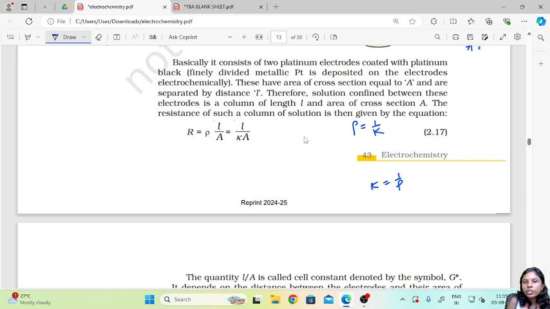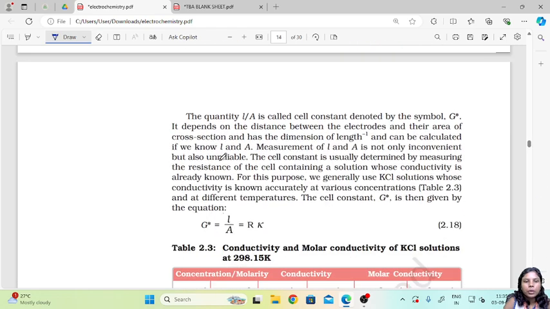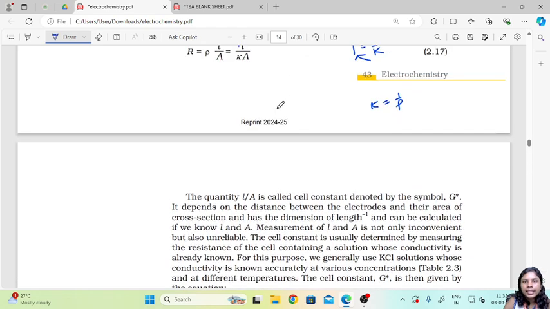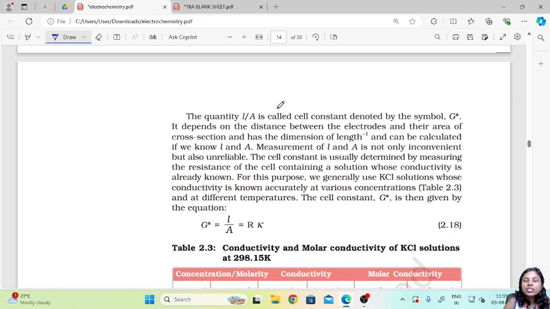So you substitute and get R equals L upon K A. Now the quantity L upon A, length upon area, is called the cell constant, and it is denoted by G star.